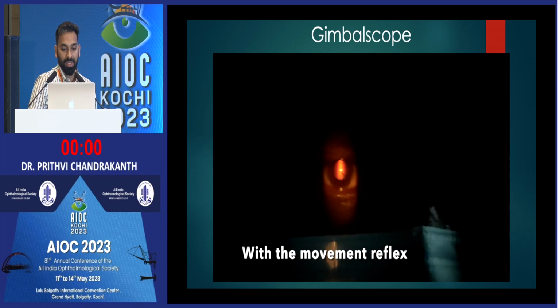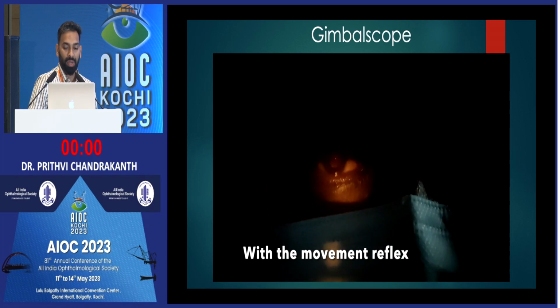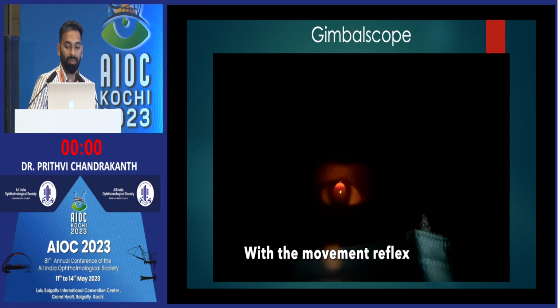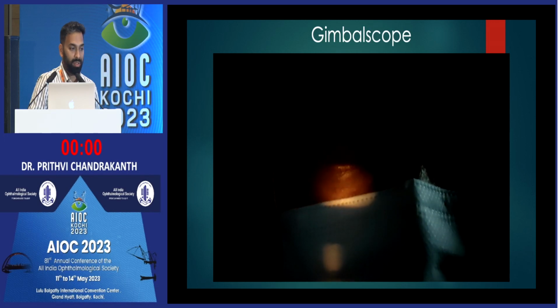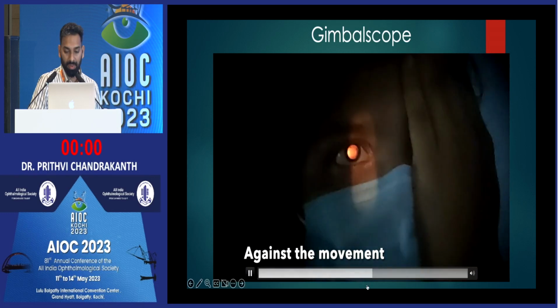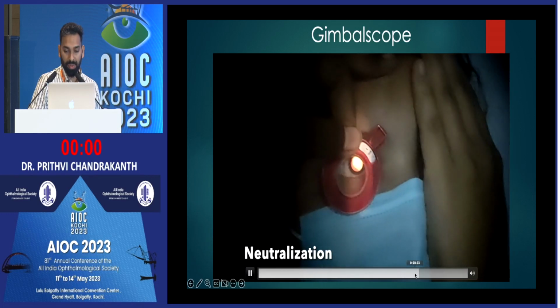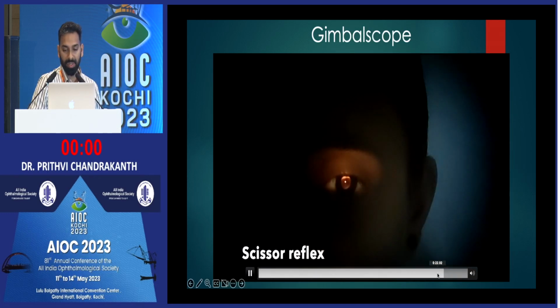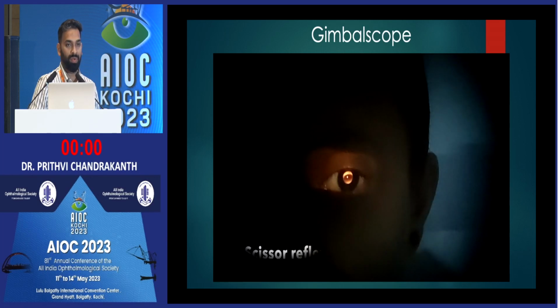So these kind of things were not done before, but now we are able to do this because of 3D printer and the designing. So neutralization, and you can see how beautifully you can see the scissor reflex too.